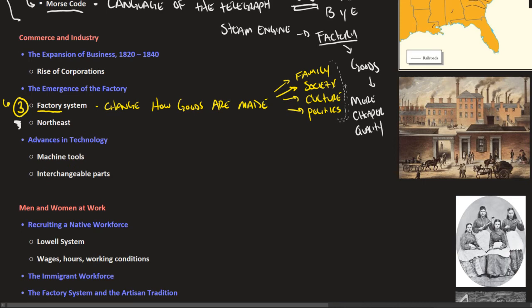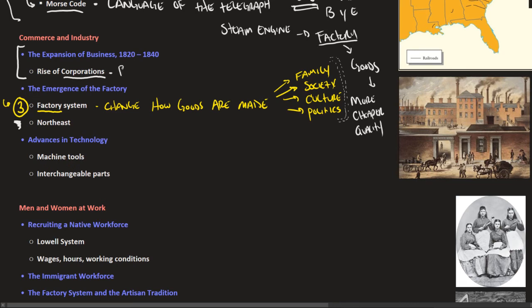On one level, we can just look at the pure economics of it, and that is the expansion of business. You might say this is the transition from local workshops and local economies to bigger, more powerful business entities, specifically the rise of a corporation.